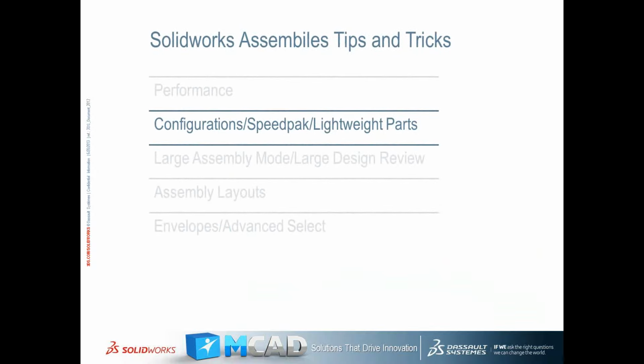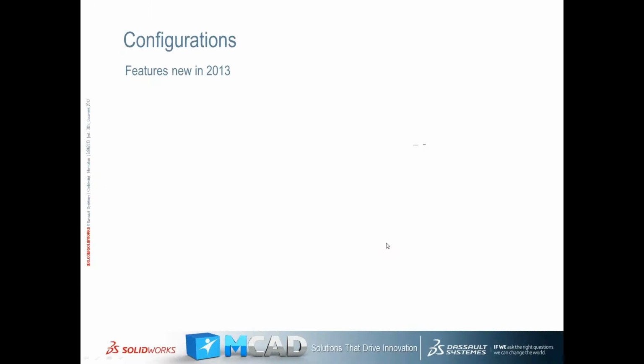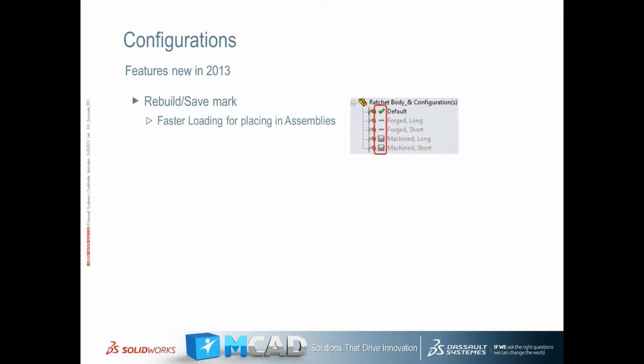All right, so the next section I wanted to cover here is talking about configurations and SpeedPak. SpeedPak is a part of configurations, and then also we'll take a look at lightweight parts and how that might affect speeding up opening. So with configurations, there's a new feature here. There's a new rebuild and save mark in 2013.